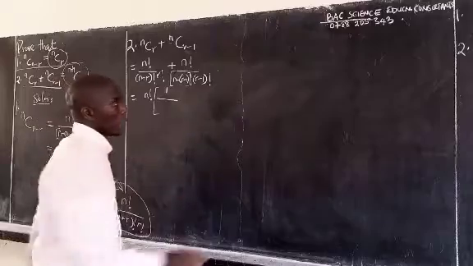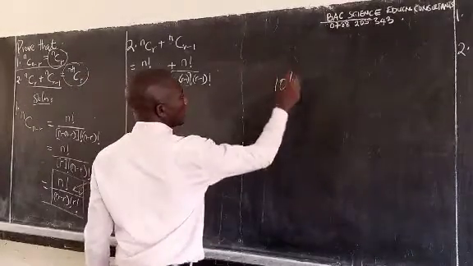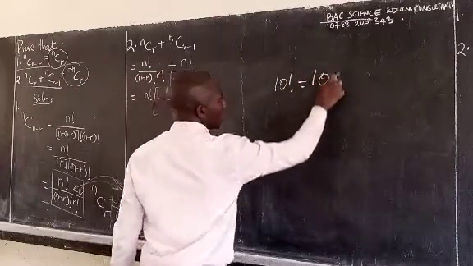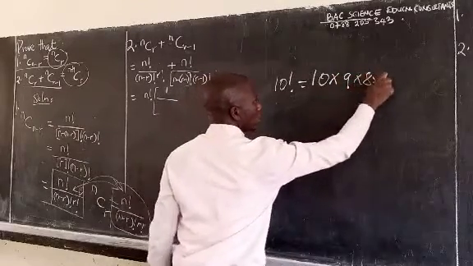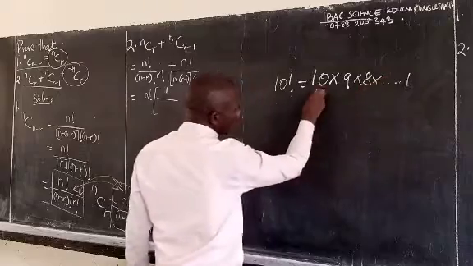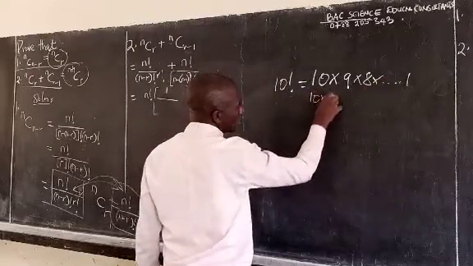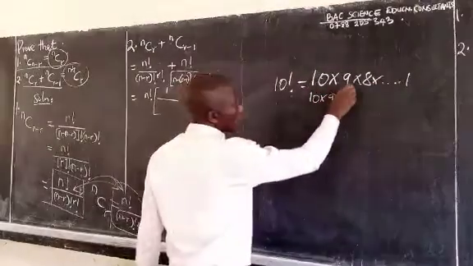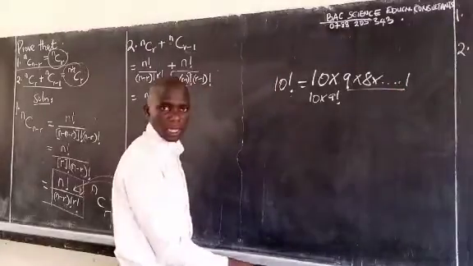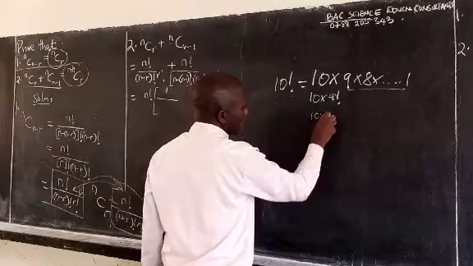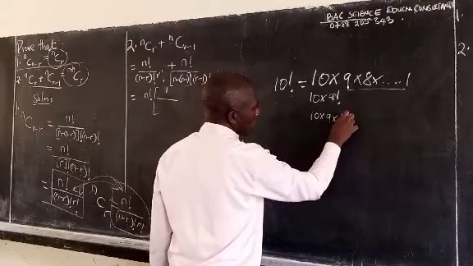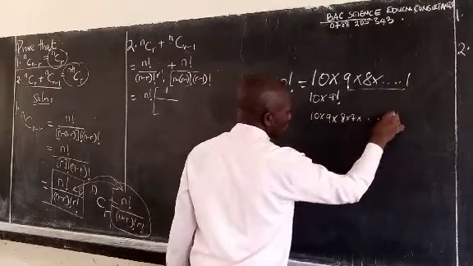Okay? Remember, 10 factorial is 10 times 9 times 8 times up to 1. Meaning 10 factorial is 10 times 9 factorial, because 9 times this one is 9 factorial. Okay? 10 factorial is 10 times 9 times 8 times 7 times 1.